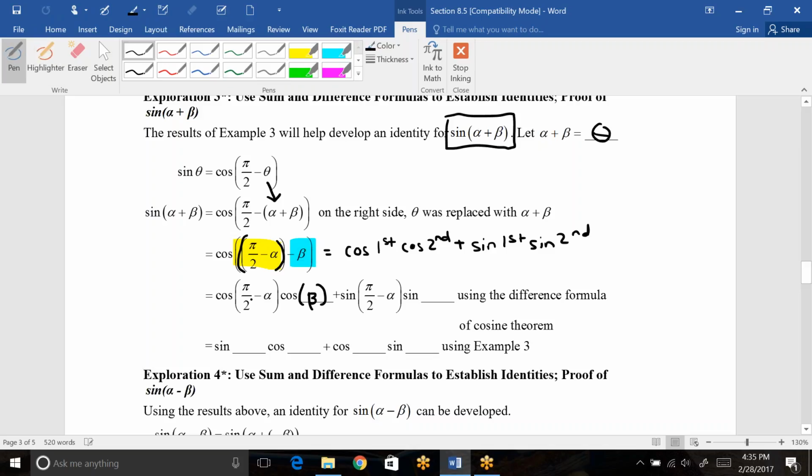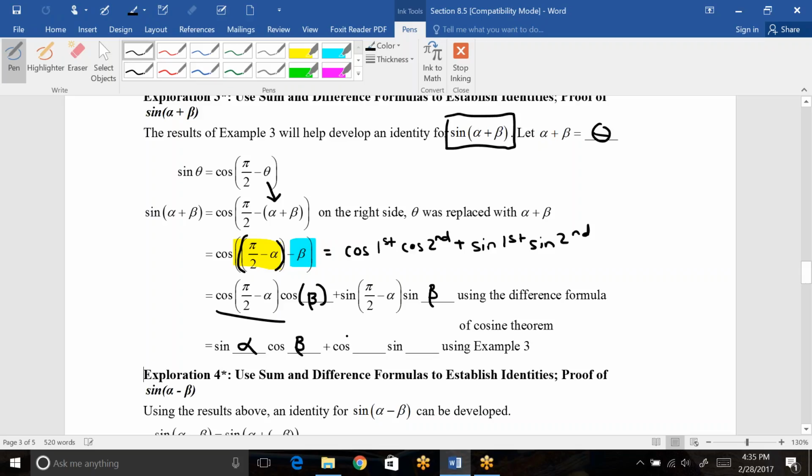So you can kind of follow along. Cosine of that, cosine of this, plus sine of this, and sine of beta. What ends up happening is that this guy turns, remember, into sine of alpha, because when you see pi over 2 minus alpha in a cosine, it goes back to being sine alpha.